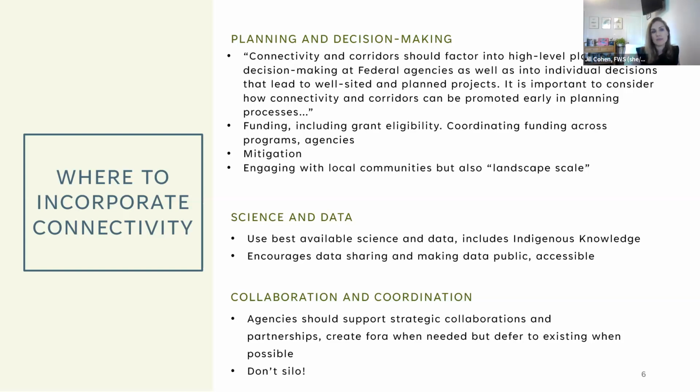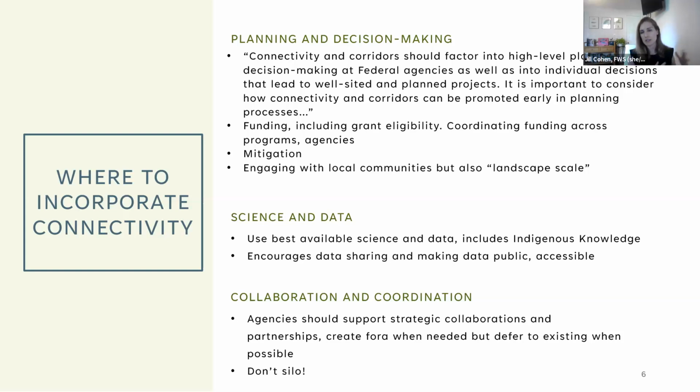There's a mention of science and data. And so not surprisingly, agencies are directed to use the best available science and data. It's worth noting that that does include Indigenous knowledge, which is in keeping with a lot of the priorities of this administration to really explicitly consider Indigenous knowledge and also describe what that is and how agencies can incorporate it into their decision-making.